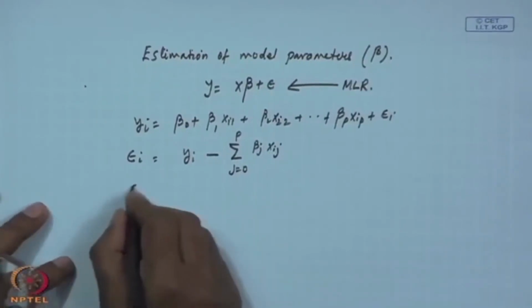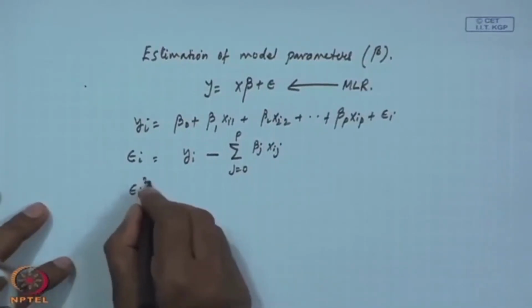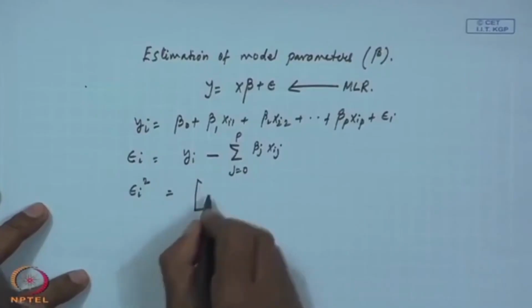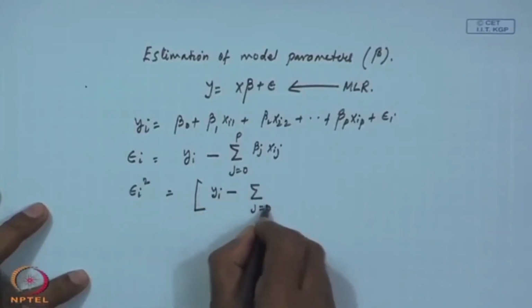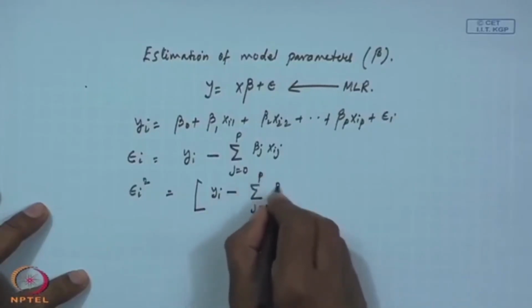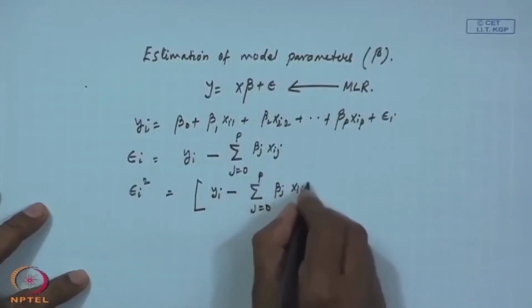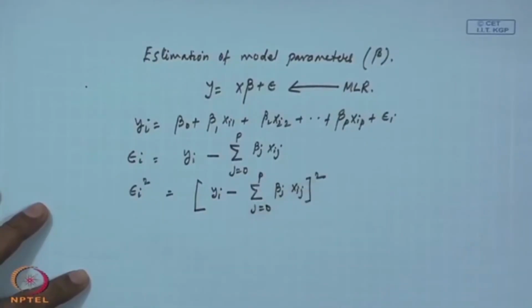If I square it, you get the square of y i minus the sum over j of beta j x ij.